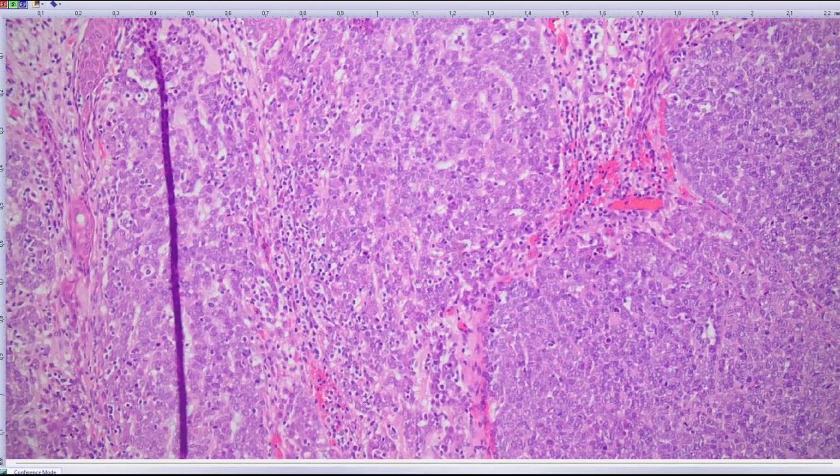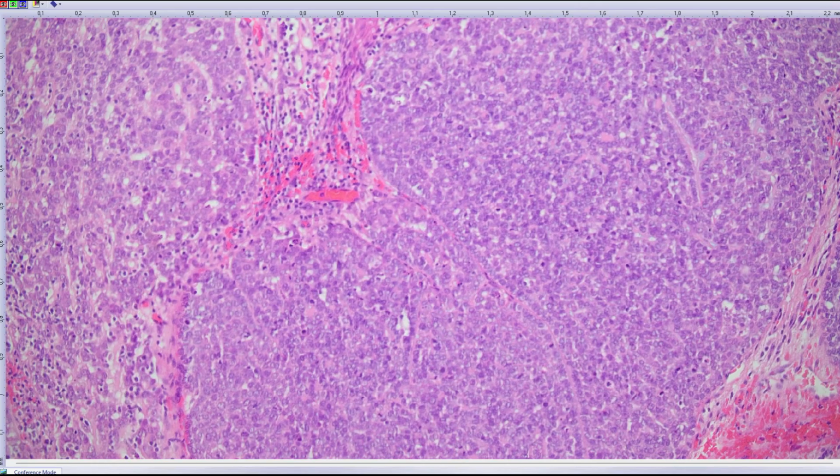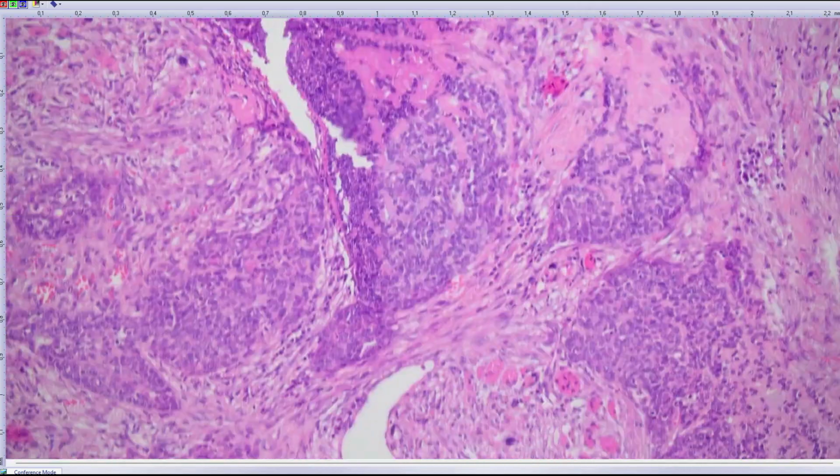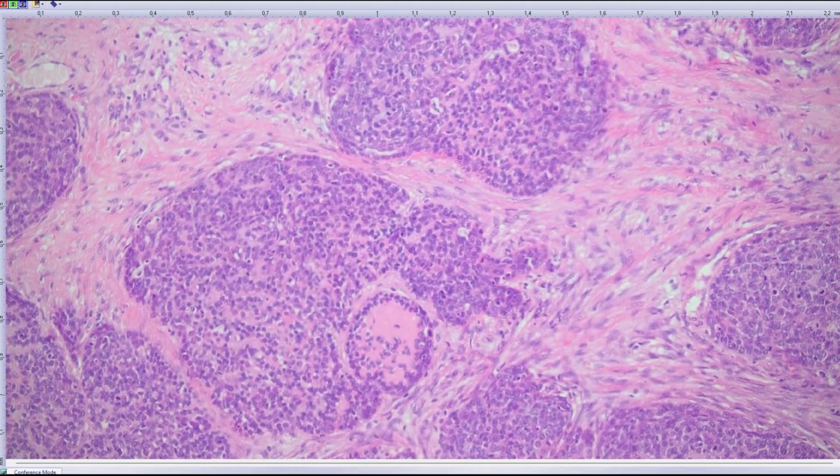But in addition to SILT mutation, this lesion is P16 genetically positive. That would show it to be more like these, I don't know how they are called, HPV-driven adenocarcinoma with multiple differentiation.